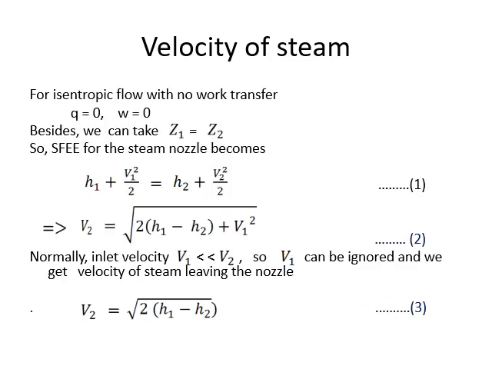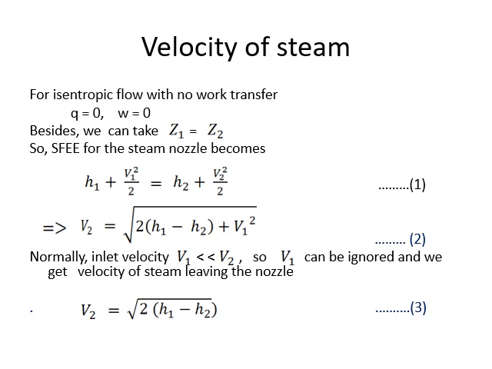Now, for isentropic flow with no work transfer, Q is equal to 0, that is there is no transfer of heat energy, and W is equal to 0, that is there is no work transfer. Besides, we can write Z1 equal to Z2, that is elevation is nearly the same.